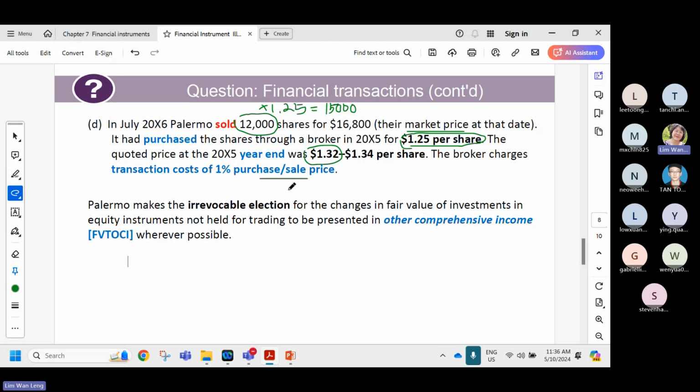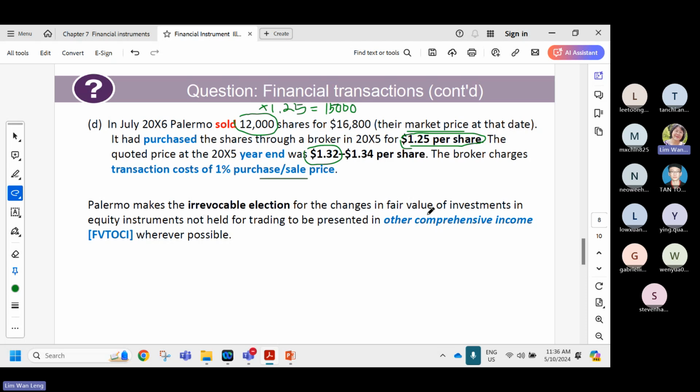It's just like if you have bought shares in the open market before, normally they say the brokerage fees are a certain percentage of the transaction price. And then Palermo makes an irrevocable election. That means once you have elected, you cannot change. That's the meaning of irrevocable.